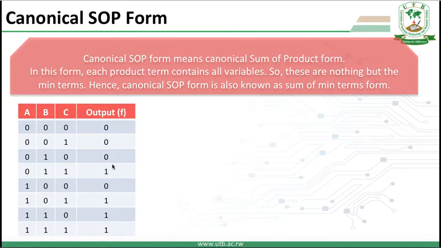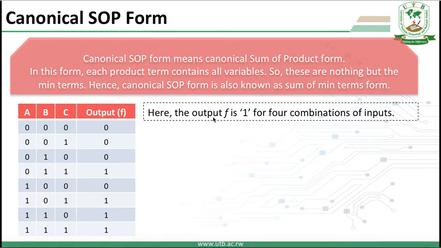Now using this random truth table you have to find out the canonical SOP form. How does it work? Let's see. Here the output F is 1 for 4 combinations of inputs. I repeat, because we are talking about SOP form, keep in mind that when we talk about the canonical SOP form, we consider the 1s in the output column.